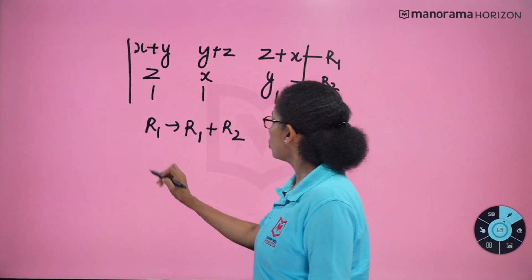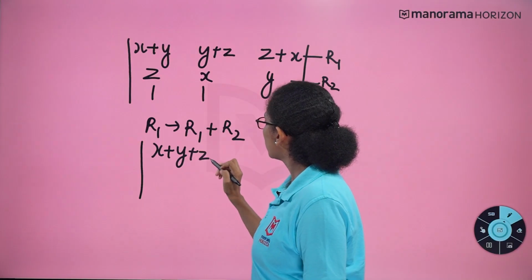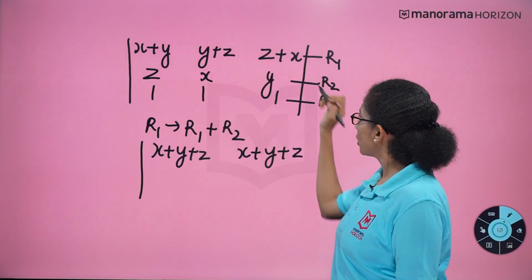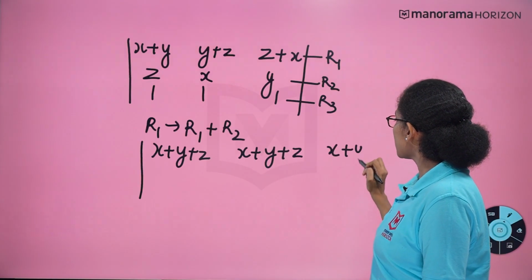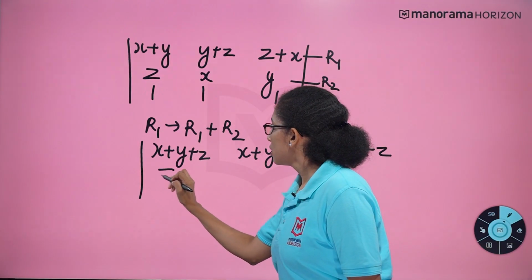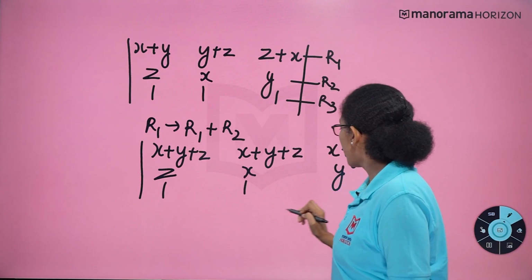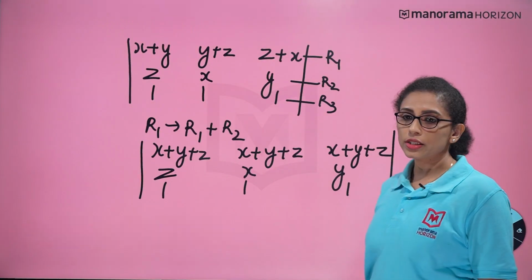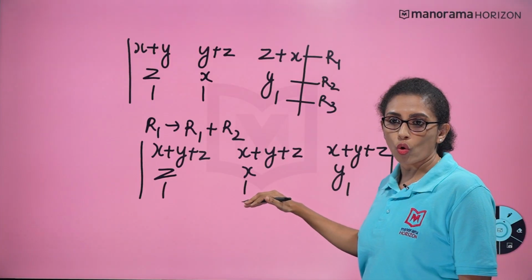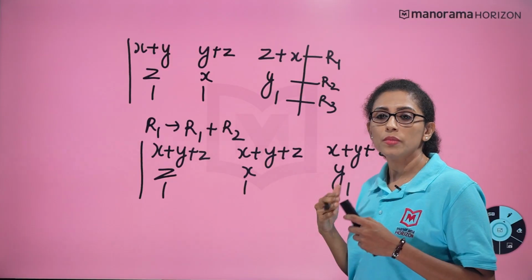What will be the change now? The determinant x plus y plus z, x plus y plus z, and here also the change will be x plus y plus z. The second row there is no change, z, x, y, and the third row 1, 1, 1. Alright, now you can see that the first row and the third row have a proportional relationship. So, the determinant of this will become 0.